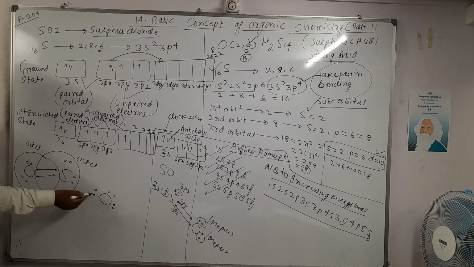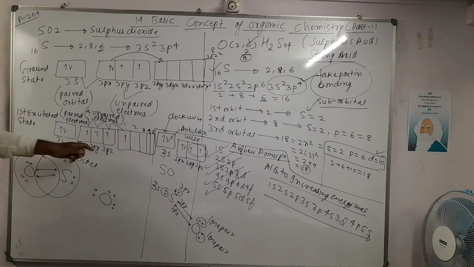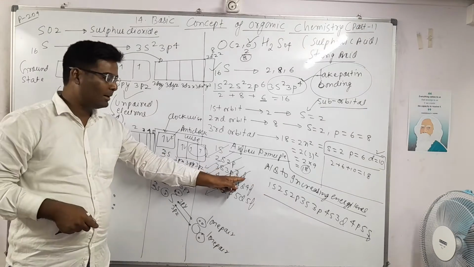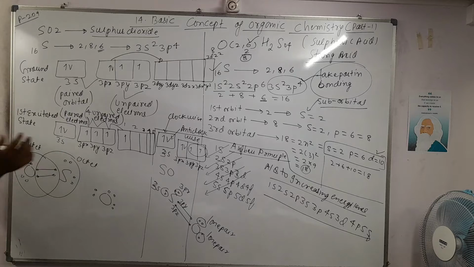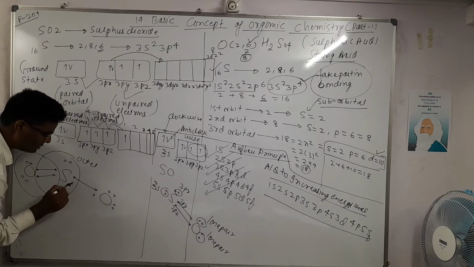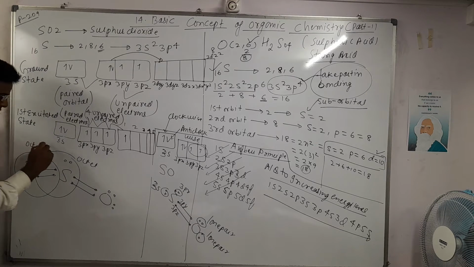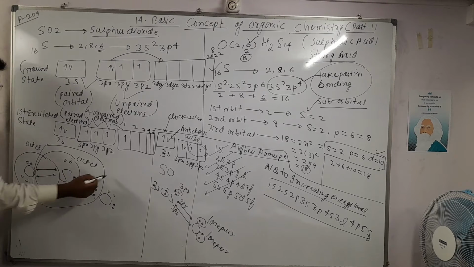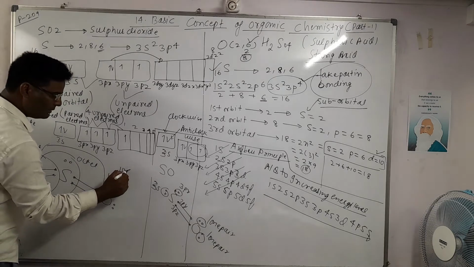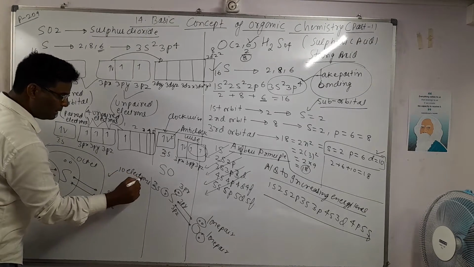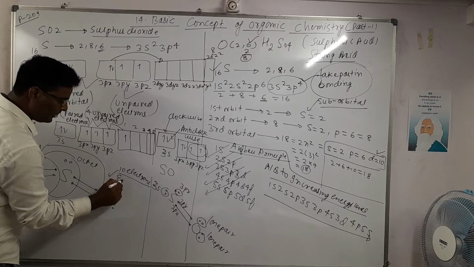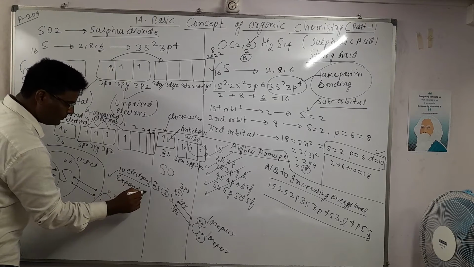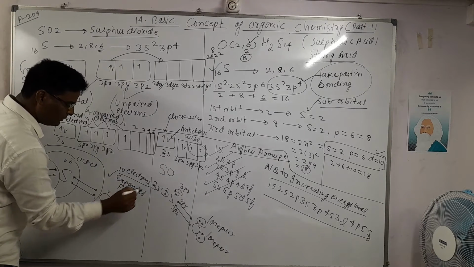So now what will it do? We have discussed that in the third orbit, the d orbital is there, so it can expand and share electrons. Now sulfur has got 10 electrons in total. This is called the expanded form, right?